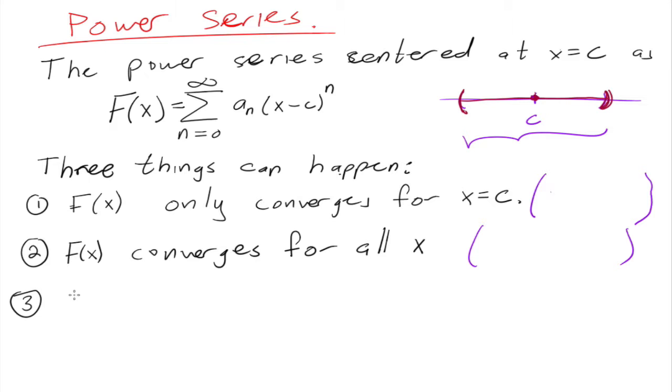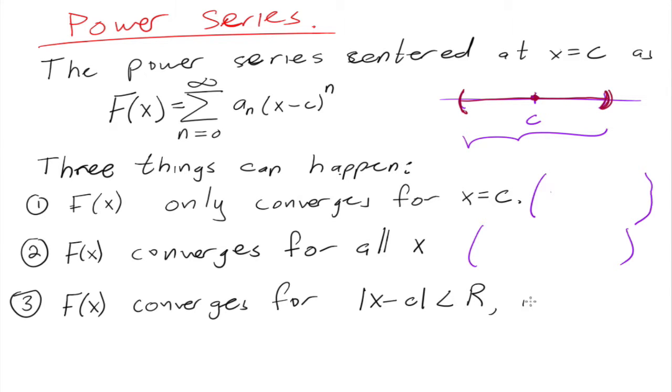And so the last thing that can happen is this: what I just told you earlier, that f of x converges for |x minus c| less than r, where r is some positive number.